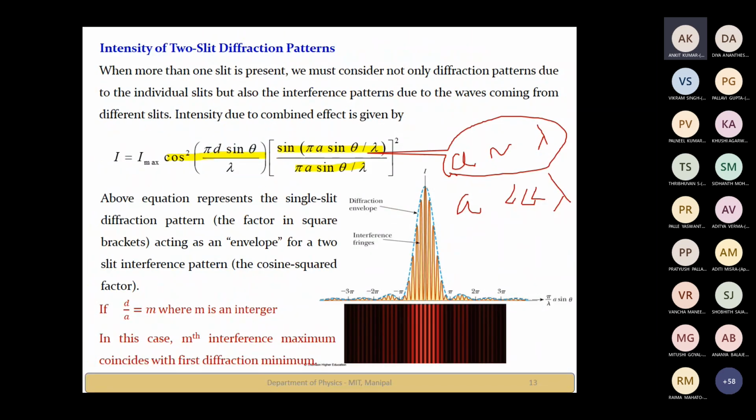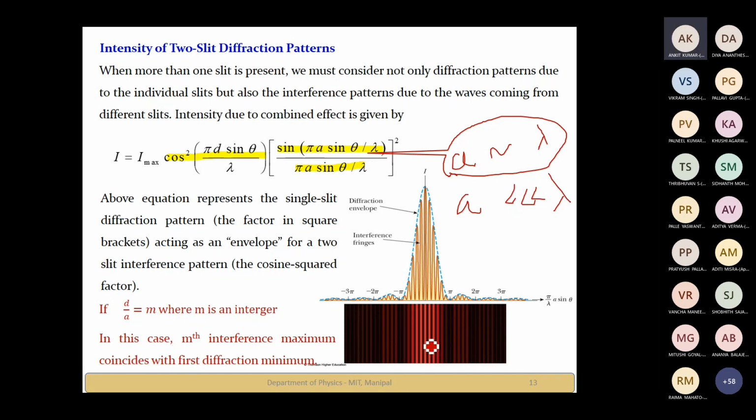So coming to the two-slit diffraction, that's why I did not explain this image earlier, I am explaining it at a later stage. What you will notice is this kind of pattern. You will see that all the interference bands are not of the same intensity, unlike in the case of the interference pattern.